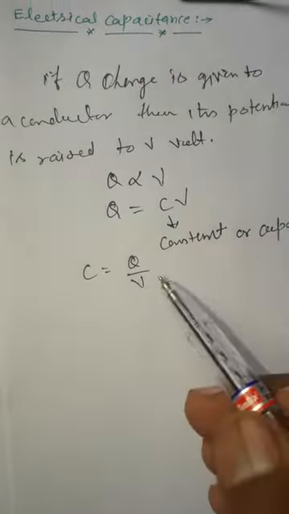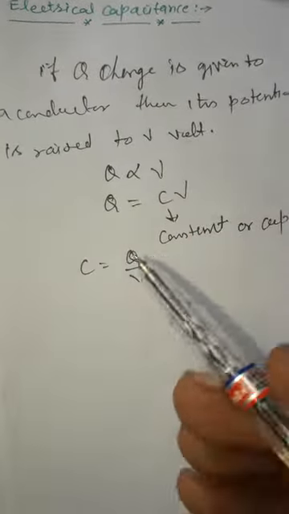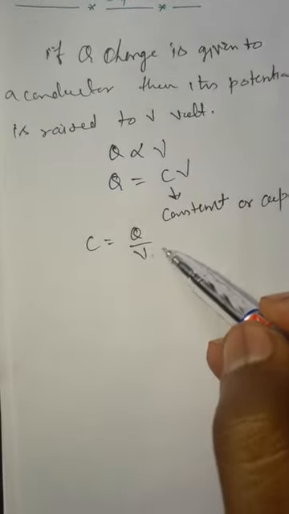So the ability to store the charge is electrical capacitance, and numerically it is the ratio of charge to the potential.